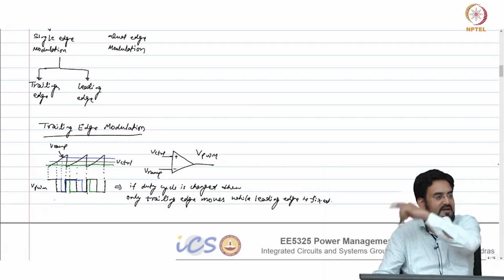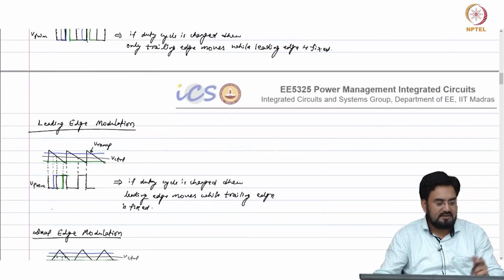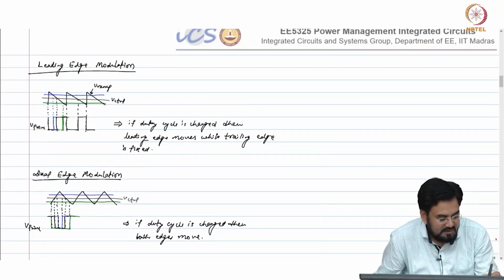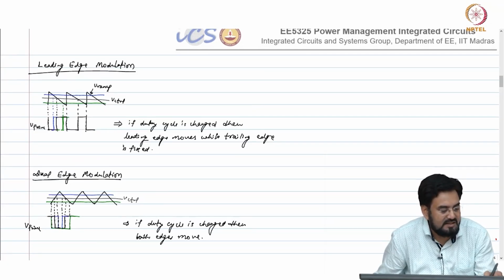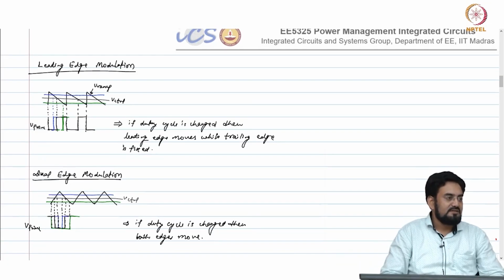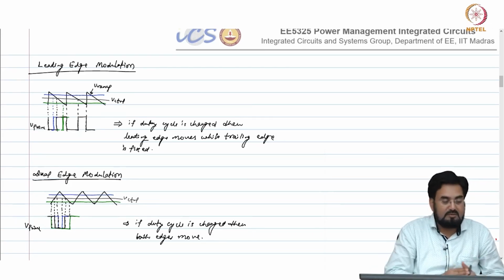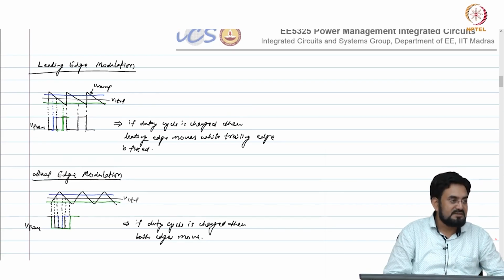So, that means you have to wait for the next clock cycle to change the duty cycle. Here, let us say your trailing edge is changed; after that, any change in the control voltage will get reflected into the leading edge. So your control voltage is getting sampled at 2x rate here, and your sampling delay will be less compared to the previous case.